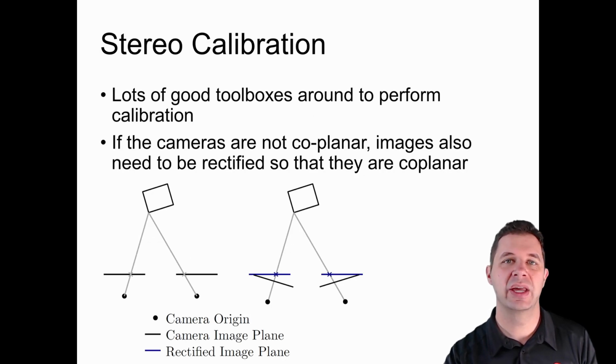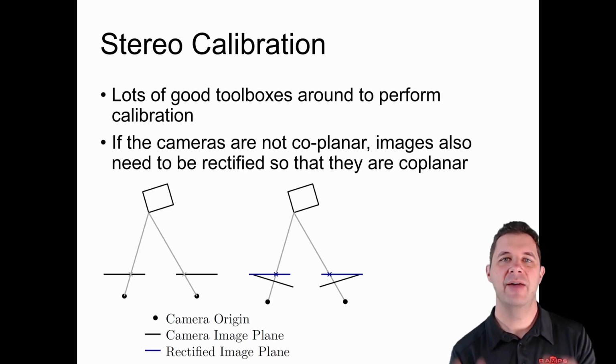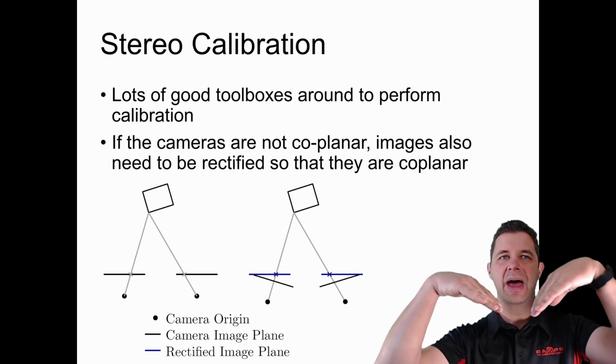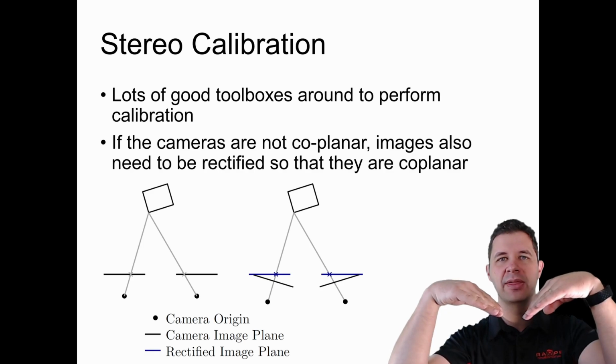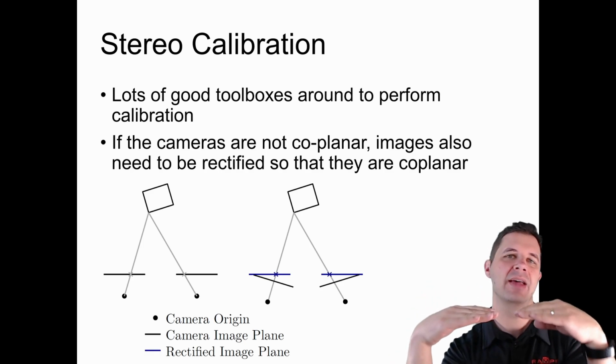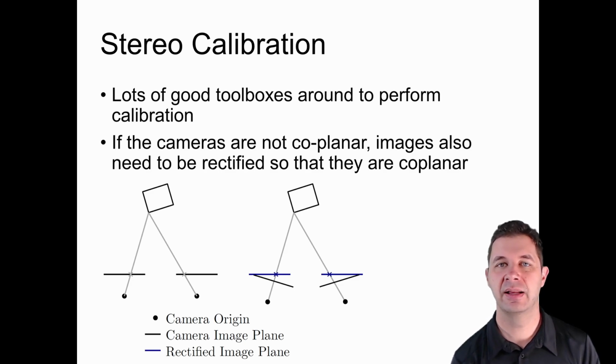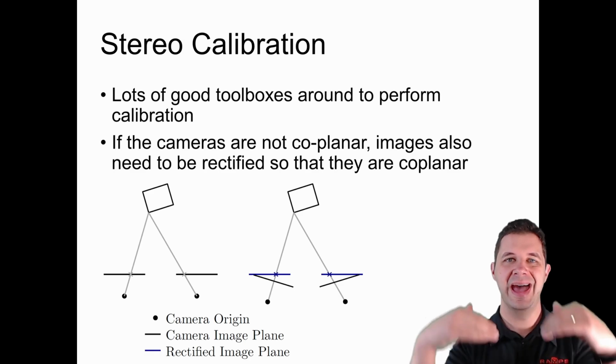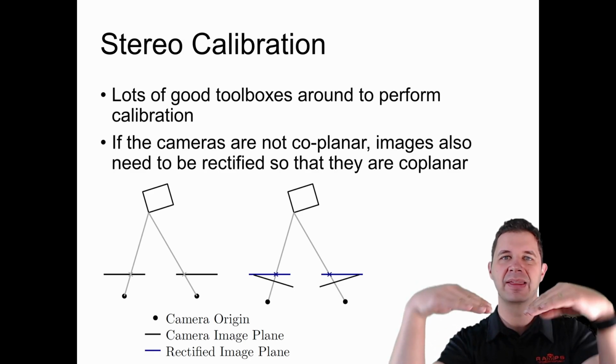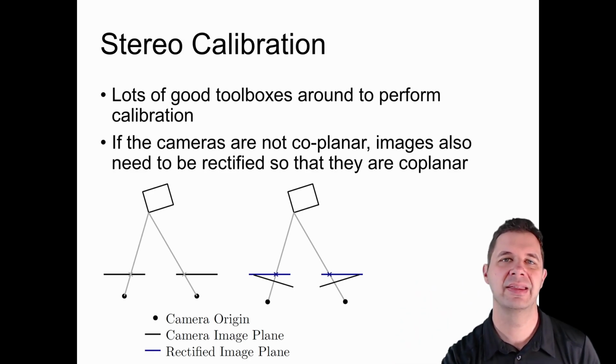One of these processes we call rectification, where if we've got cameras that have an angle with respect to each other, we can rectify them so they're essentially coplanar with each other. And this requires us essentially to reproject our images as if, rather than being taken like this, it will make them look as if they were taken like this.